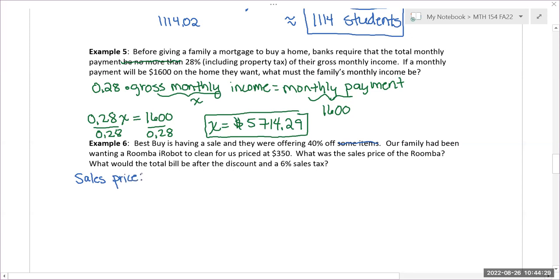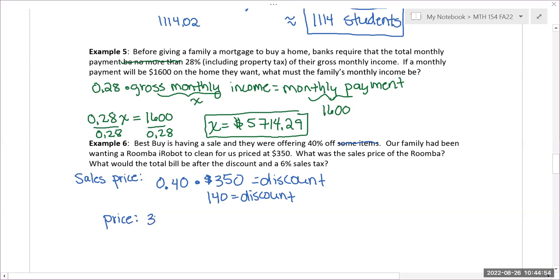So the sales price is you're getting 40% off the $350. So that's your discount, not your actual price, your discount. So if I do 40% of $350, it's $140. So the actual price is $350 minus $140, or $210.